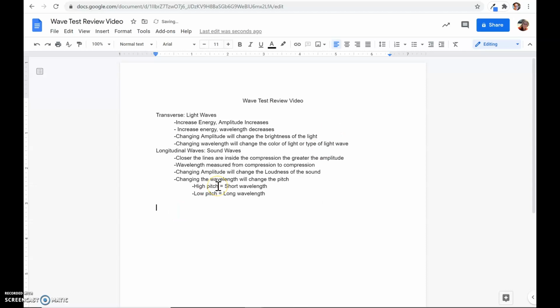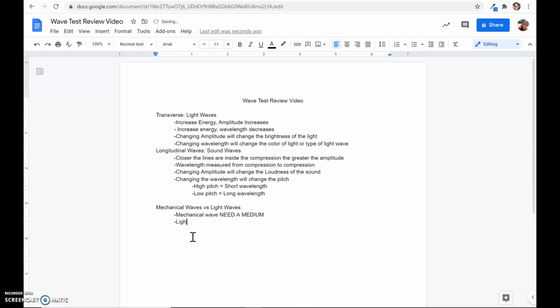Last couple things you need to know. Mechanical waves versus light waves. What's the difference? These are just two categories that other types of waves can fit in. The main difference is this: mechanical waves need a medium, meaning they need a substance to travel through, or else there won't be a wave.